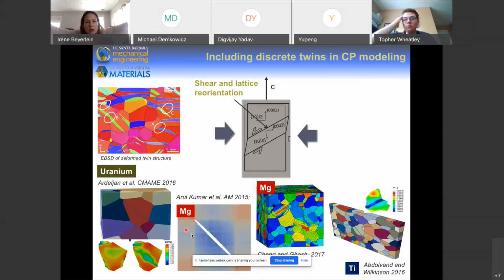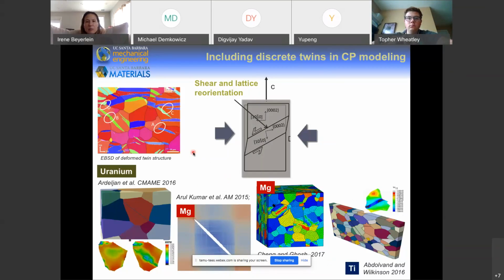Some of these are just stationary calculations where they just have stationary twins. I would like to point out that this one is nice in that, in addition to having microstructurally sensitive modeling, you also have some dynamics where the twins will grow dynamically. I'm not sure I have seen more on this, but this was a great start.